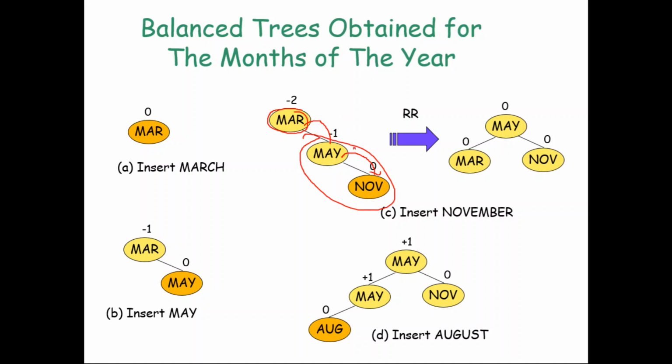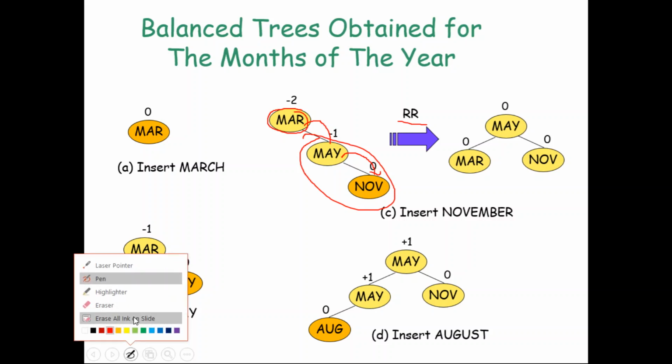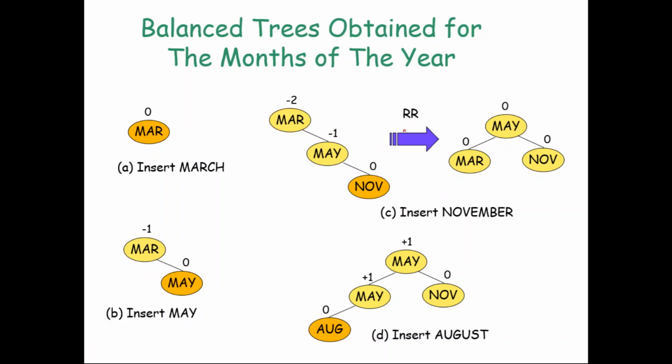So it is called RR, two times on the right side. It can be any level of right, but we call it RR. In that case, whichever node is where the imbalance is created, that node should be rotated left.